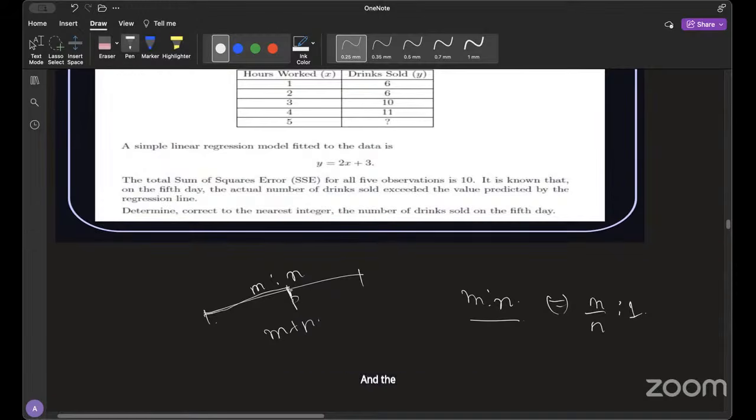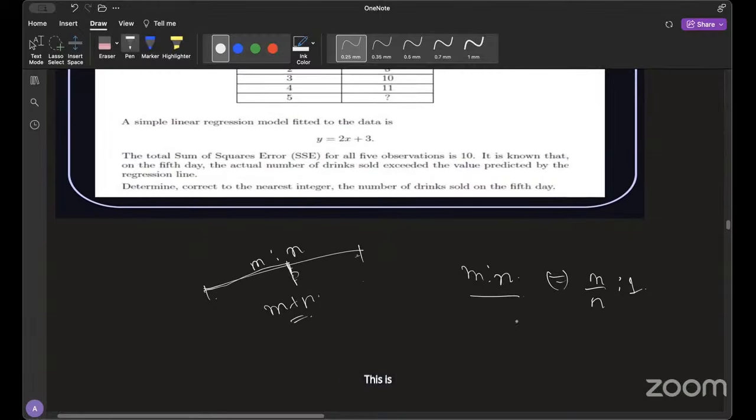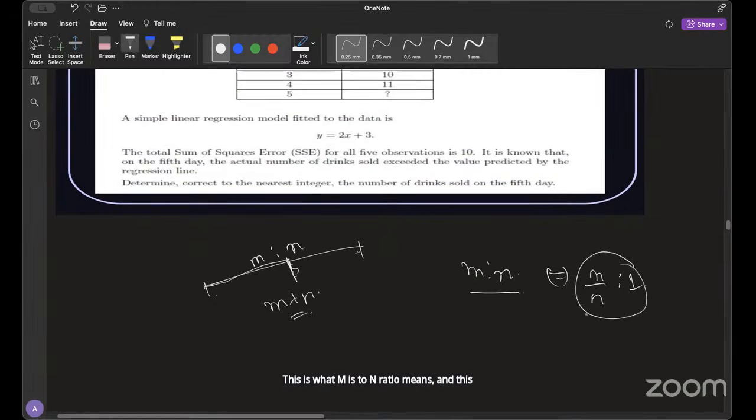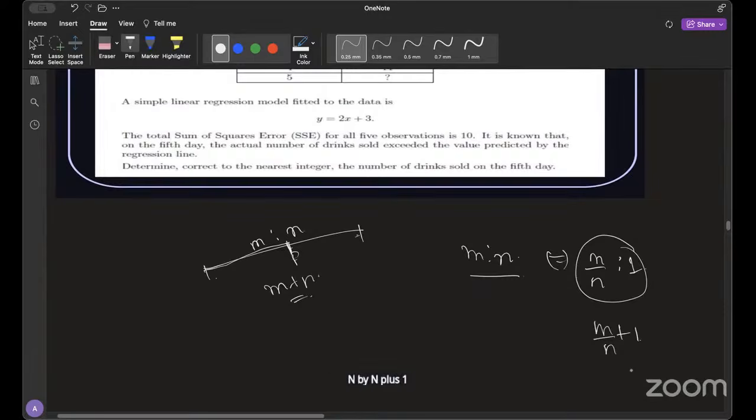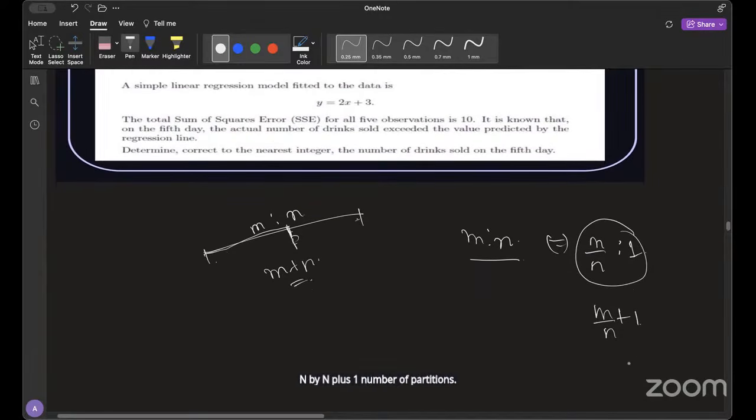And the remaining n parts lie on the other side of this point, from here to here. This is what the m is to n ratio means. And in the same way, this would mean you are dividing your line into m by n plus 1 number of partitions, right? This is going to give you m plus n by n.